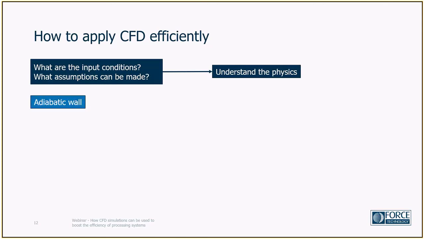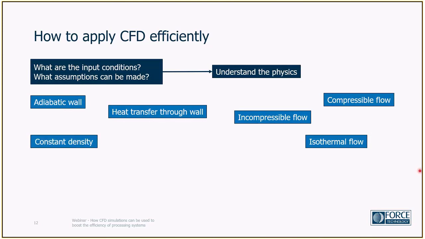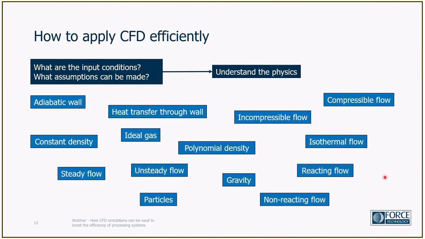such as can I assume an adiabatic wall, or do I need to consider the heat transfer through the walls, or do I really need to consider compressible flow, or can it just be assumed as an incompressible flow, or can it be an isothermal flow, or can I use constant density, or does it need to be ideal gas, and so on.